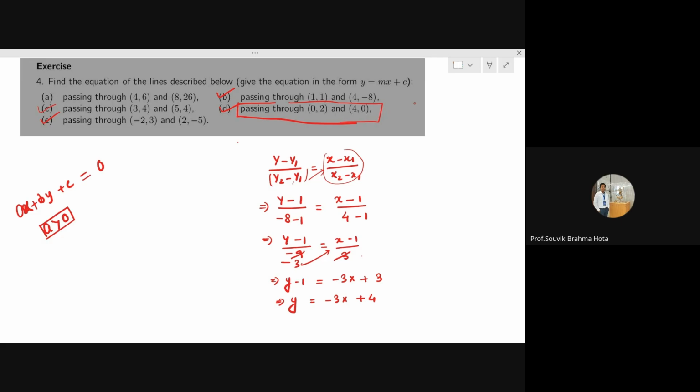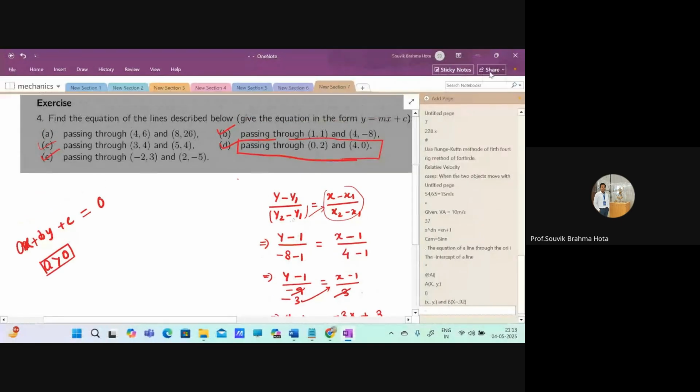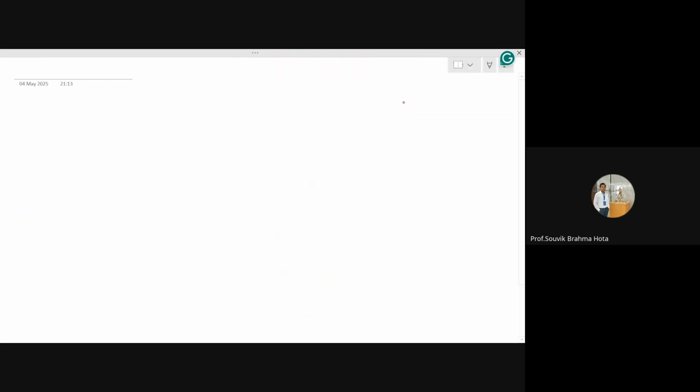Now I am giving you a question that is not given in this book. I am giving you 2 points, 3 comma minus 2 and 3 comma 2. This is one question. You need to find the most general equation.